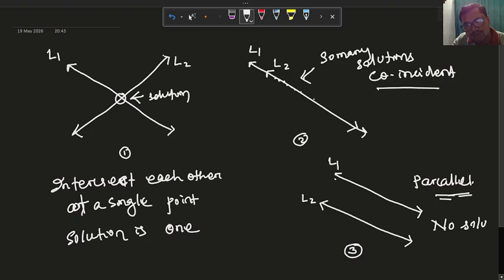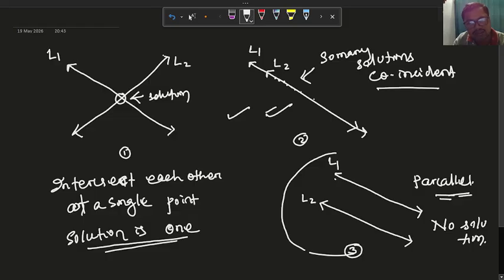Clear? So the first two conditions, single common point means solution is 1, and here solution is infinite. These two cases are called consistent. But case number 3 is called inconsistent, as these two lines have no solutions.